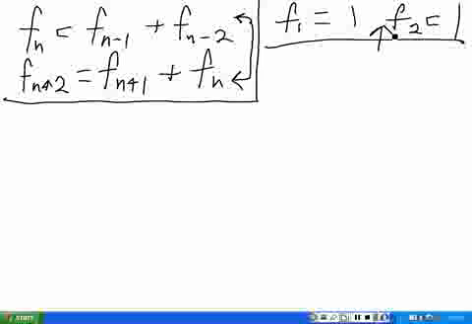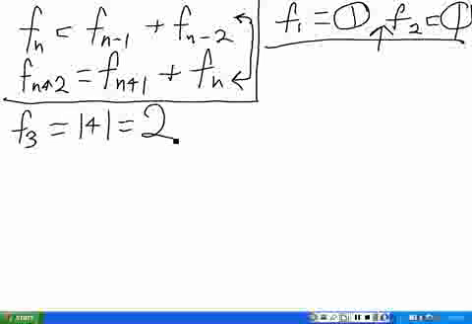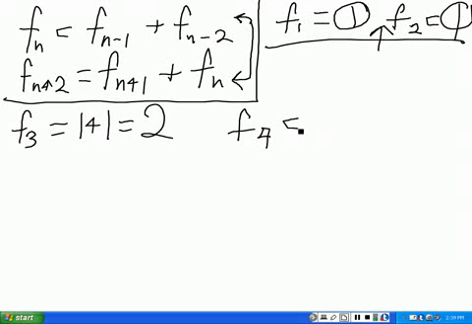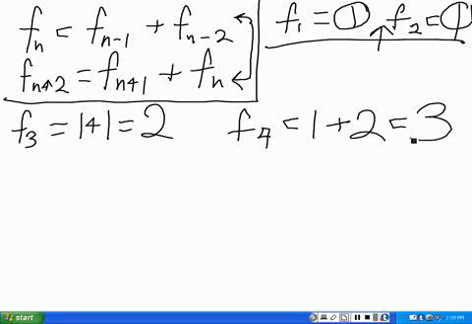For example, just going through again, year 1 was 1. Year 2 was 1 in terms of the number of bunnies. Year 3 is going to be 1 plus 1, which is equal to 2. Year 4 is going to be year 2 plus year 3, so that's going to be 1 plus 2, or 3.